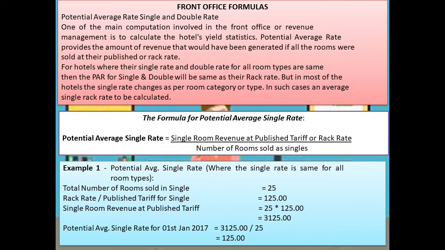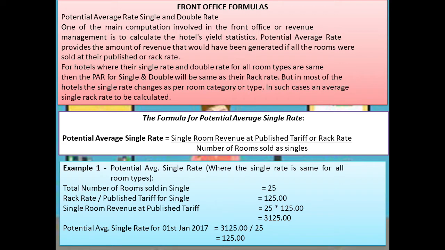The formula for potential average single rate: potential average single rate is equal to single room revenue at published tariff or rack rate over number of rooms sold as singles.